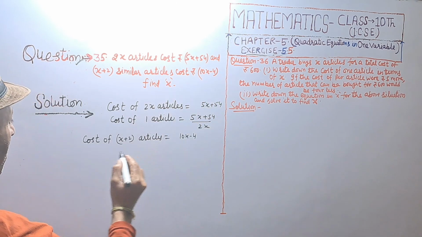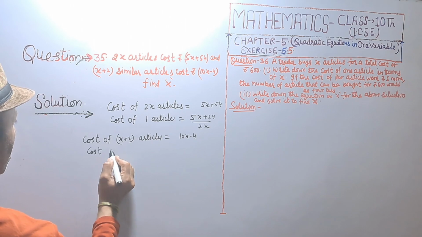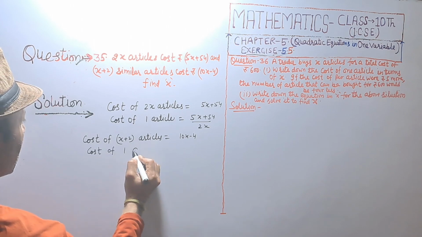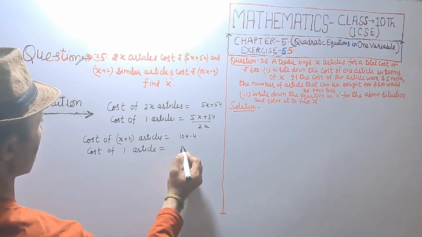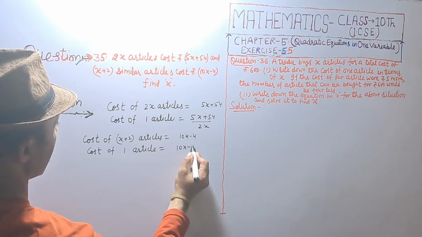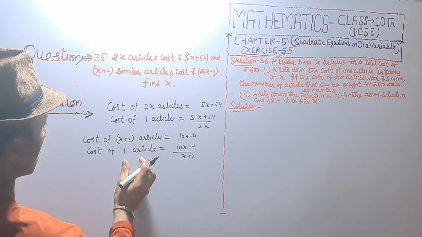It's given. So cost of one article is equal to 10x minus 4 upon x plus 2.